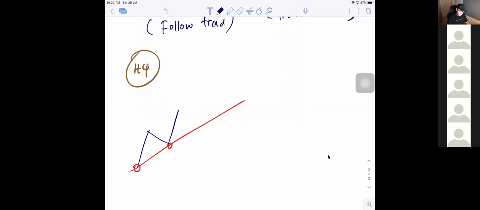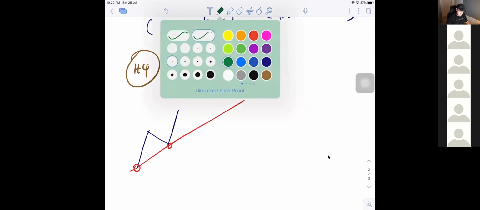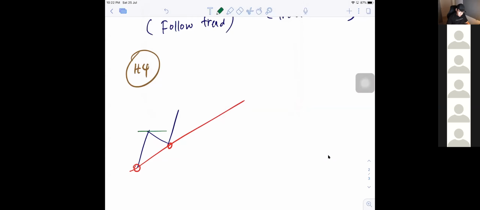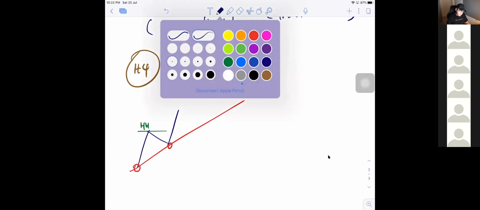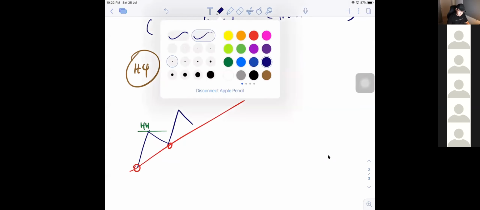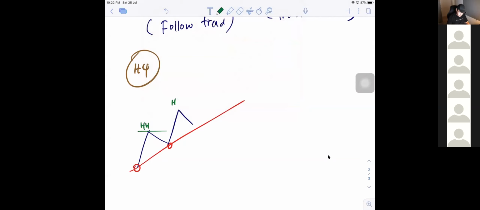Okay. And also we need market to show us that this high was broken and market just went out to create a new high. So we know that market is in an uptrend. We have higher high 1 and higher high 2. So we know that market is in an uptrend.